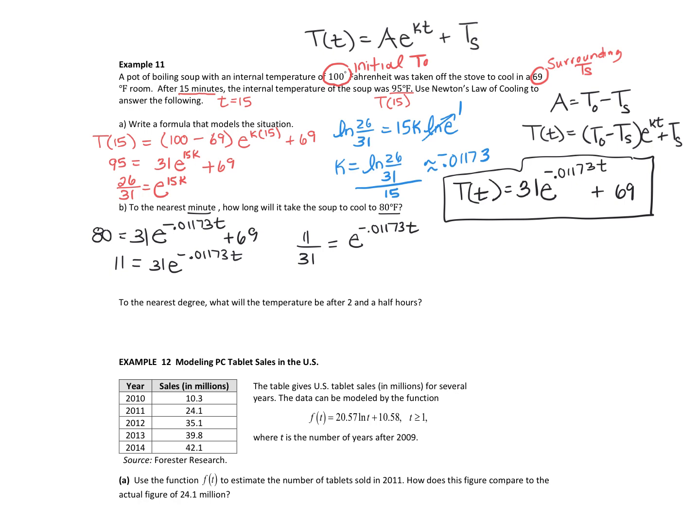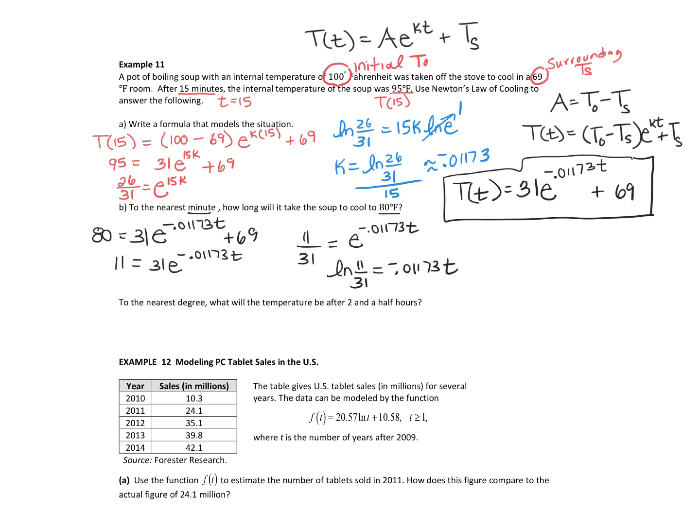Then I can take the natural log of both sides, and I'll end up with the natural log of 11/31 is negative 0.01173 times t. It did have the natural log of e after that, but we know that that's 1.